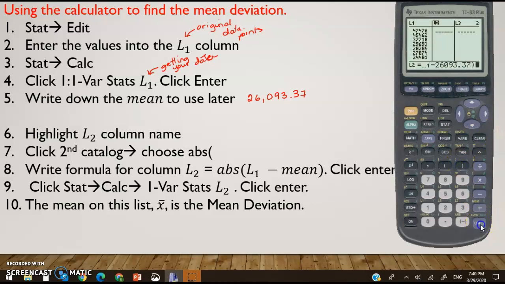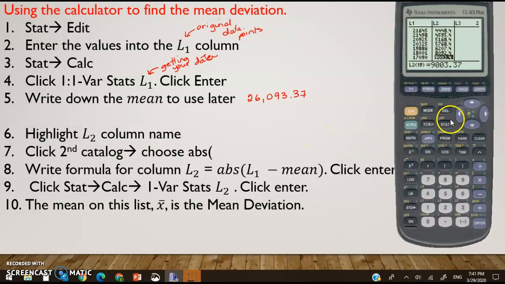And then you hit enter, and it will fill the entire column up with what the differences were. When we go all the way down here, you can see where I had the differences, 9,003, that we were using before.